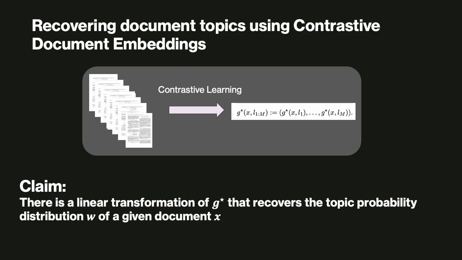As you can see in this visual, first we do some contrastive learning on a set of unlabeled textual documents, and then we arrive at an embedding of a document X compared to landmark documents. The claim here is that there is a linear transformation of this function that recovers the topic probability distribution W of a given document.